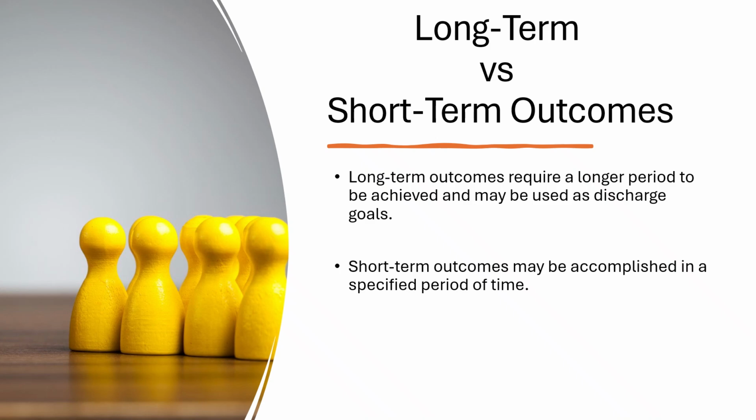Let's consider two patients. Both patients are 77 years old and recovering from hip fractures. One patient has been mostly bedbound in a long-term care facility for 2 years. The other patient swims daily and fractured her hip at the YMCA.